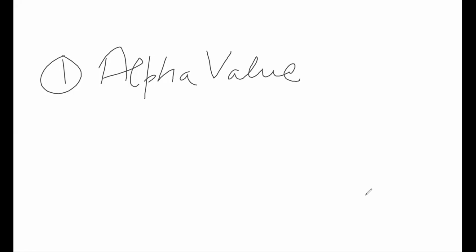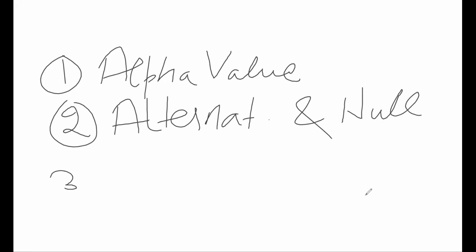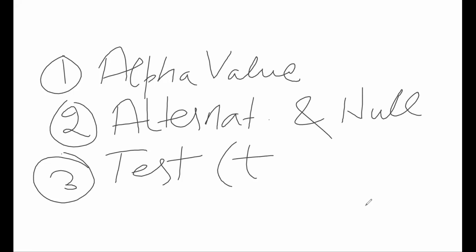Then second is describing the alternative and null hypothesis. Third, we will decide what test we want to apply, like t-test, z-test, chi-square test.